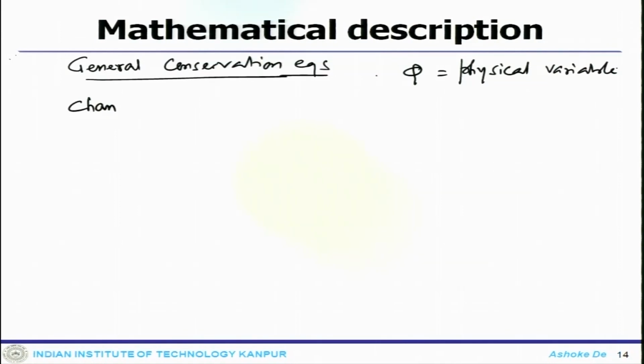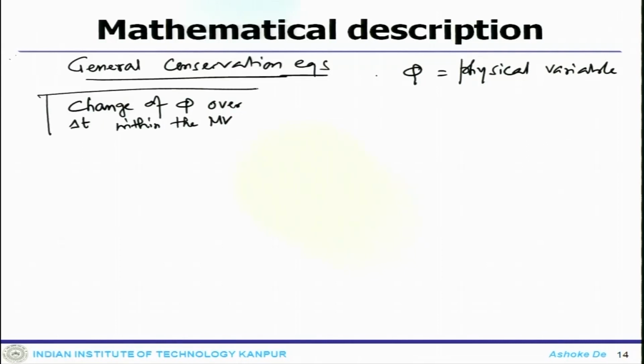It could be now your change of phi over delta t time within the material volume mv.